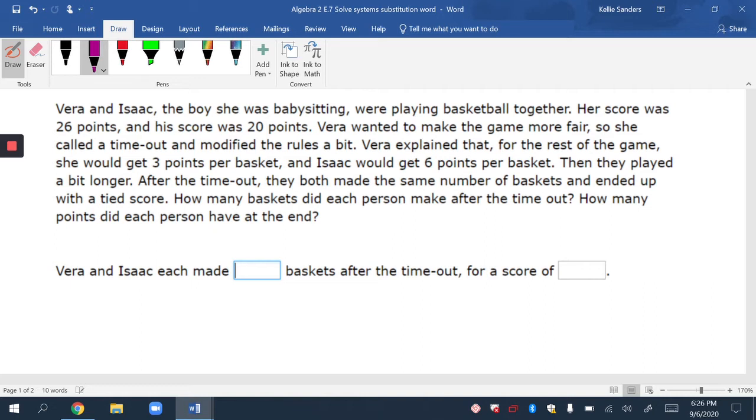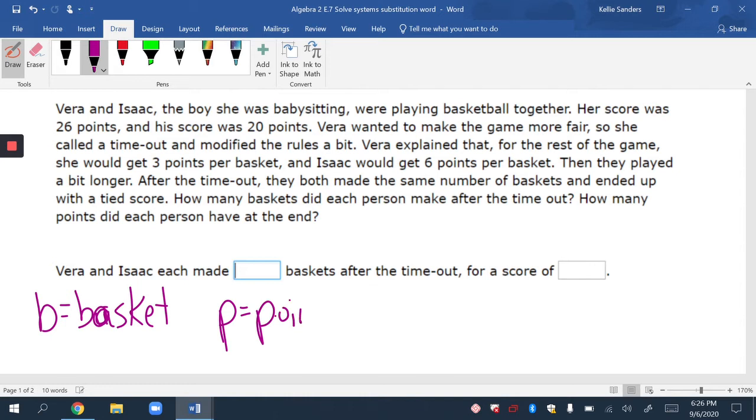So we have Vera and Isaac made so many baskets. So we're going to do B for baskets, and let's do P for score, or points, because I don't want to use an S because it might look like a 5.